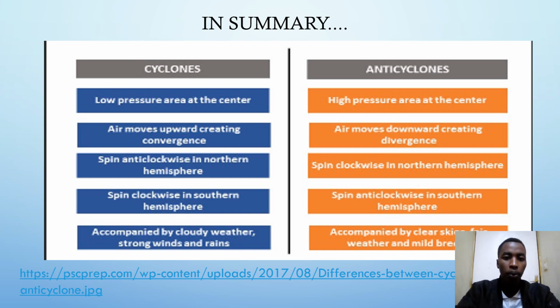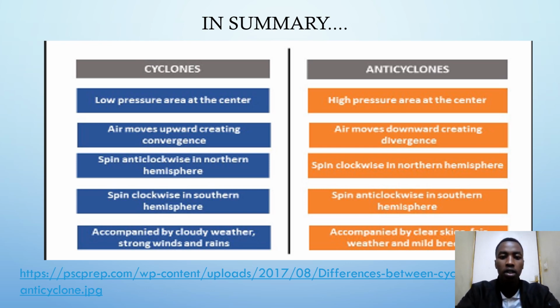In cyclones, air moves upwards creating convergence, but in anticyclones, air moves downward creating divergence. Cyclones spin anticlockwise in the northern hemisphere, but anticyclones spin clockwise in the northern hemisphere.